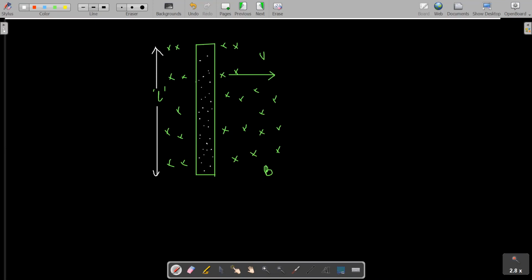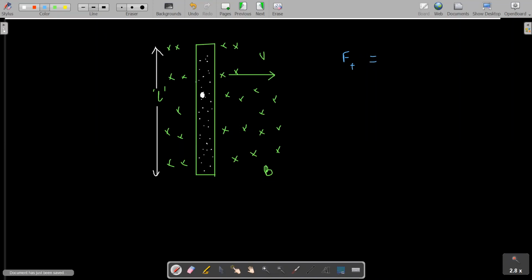Yes, sir. So what will be the force? Let us say that I am considering an electron here, and I have to calculate the force on the electron. First, I'll calculate the force on a positive charge.